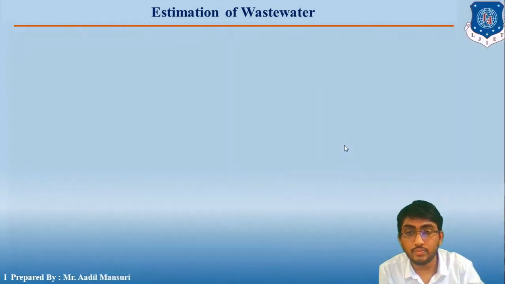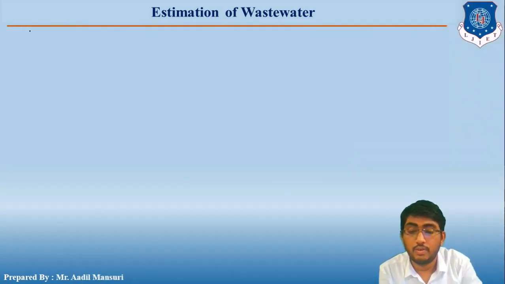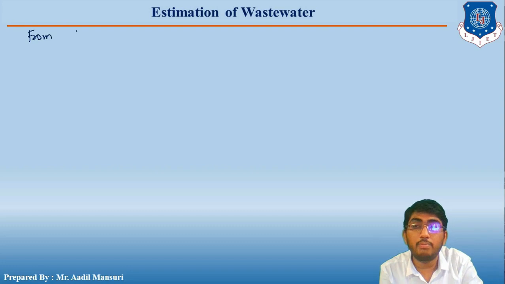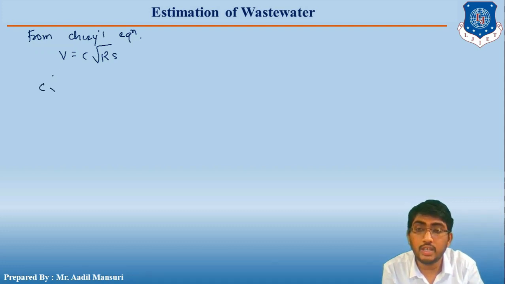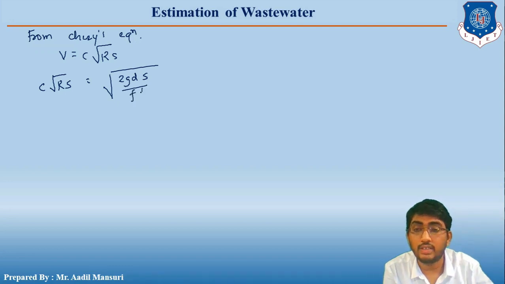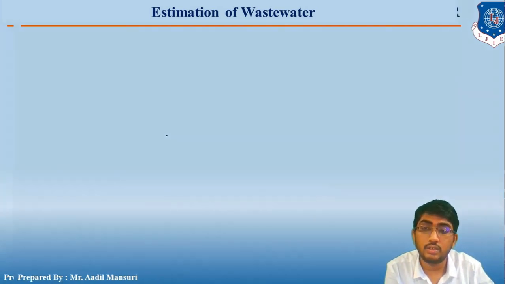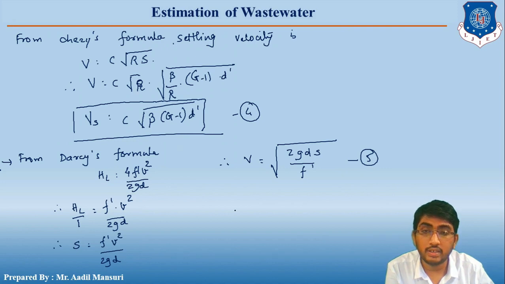Now again from Chase's equation, V is equal to C under root RS, right? So C under root RS will be equal to under root 2GDS upon F dash from this equation here, right?